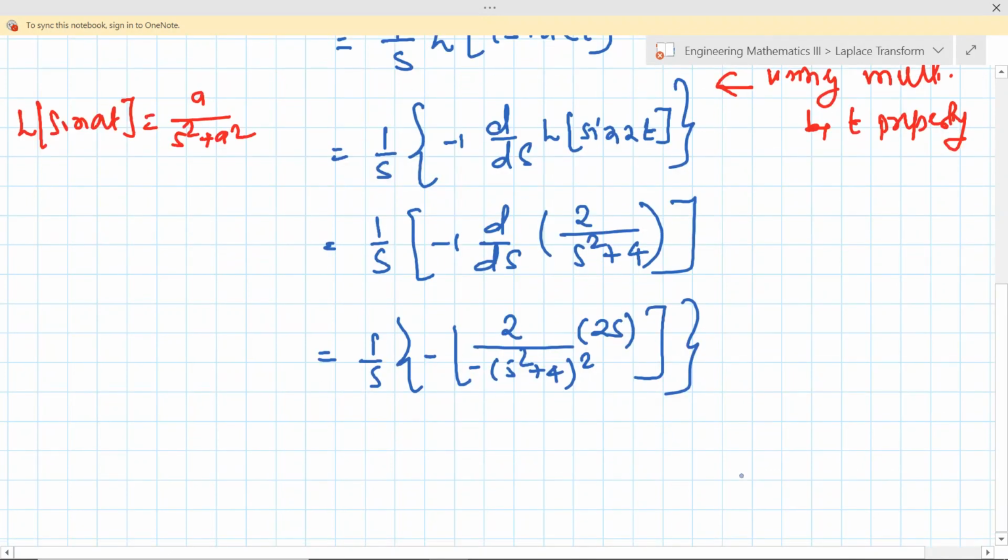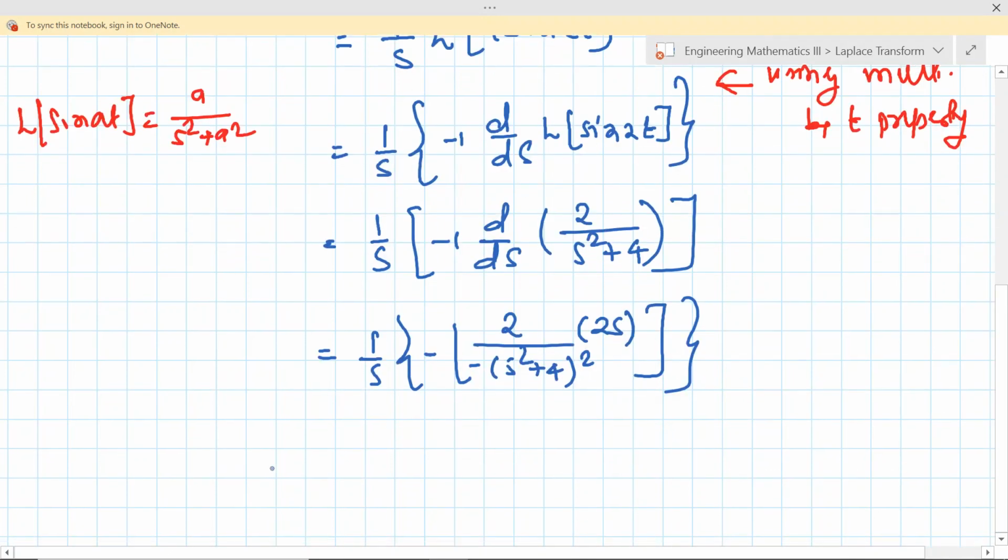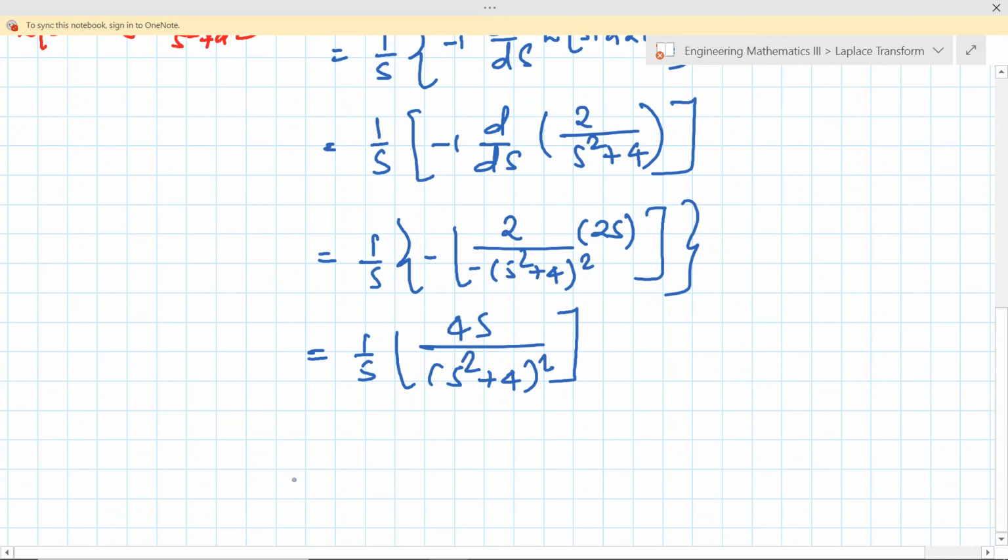Now minus minus becomes plus and this becomes 4s. This is 1 upon s in bracket, times 4s upon s square plus 4 bracket square. That's it. Okay, just focus on the calculation. S gets cancelled, and my final answer is 4 divided by s square plus 4 bracket square.